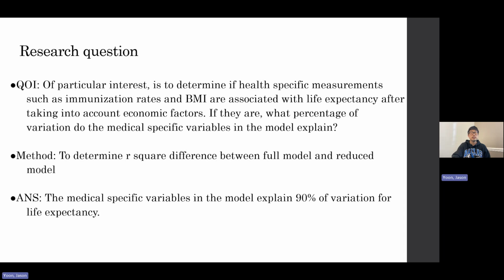If they are, what percentage of variation do the medical-specific variables in the model explain? What I did is determine the R-square difference between the full model and the reduced model. And the answer is the medical-specific variables in the model explain 90% of the variation in life expectancy.